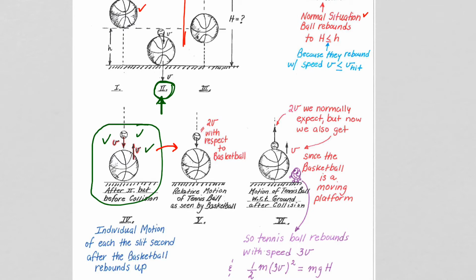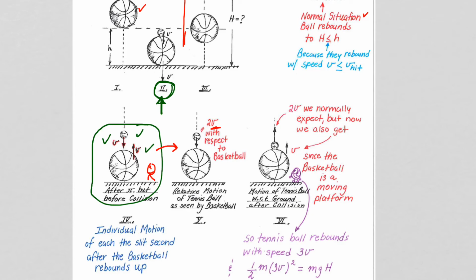With respect to someone here on the ground, this person sees this. The tennis ball, from the perspective of the basketball, has a speed of 2v. That's perfectly valid. We can do that.